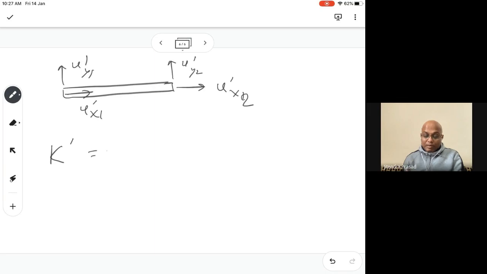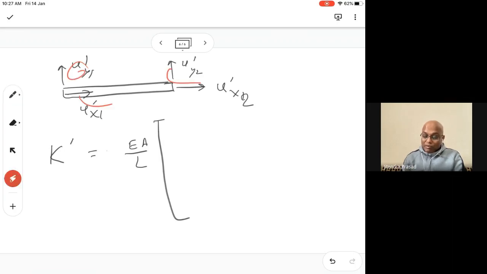K will be equal to EA over L, and then 1. Actually it will be a bigger matrix because we have 4 degrees of freedom now, but theta equal to 0. So this comes in between.